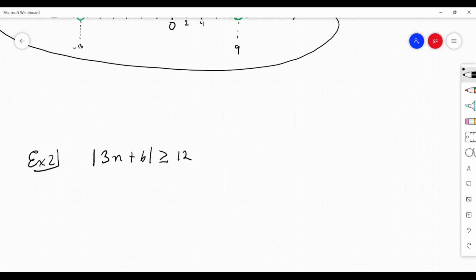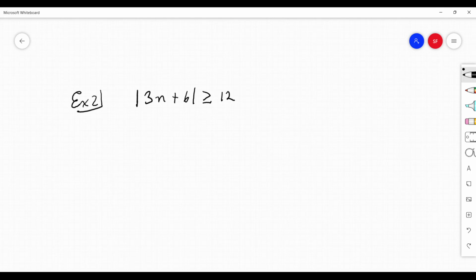So what are we going to do now? Divide it or separate. Split it into 2. What's the first one going to be? 3n plus 6 is greater than or equal to 12.